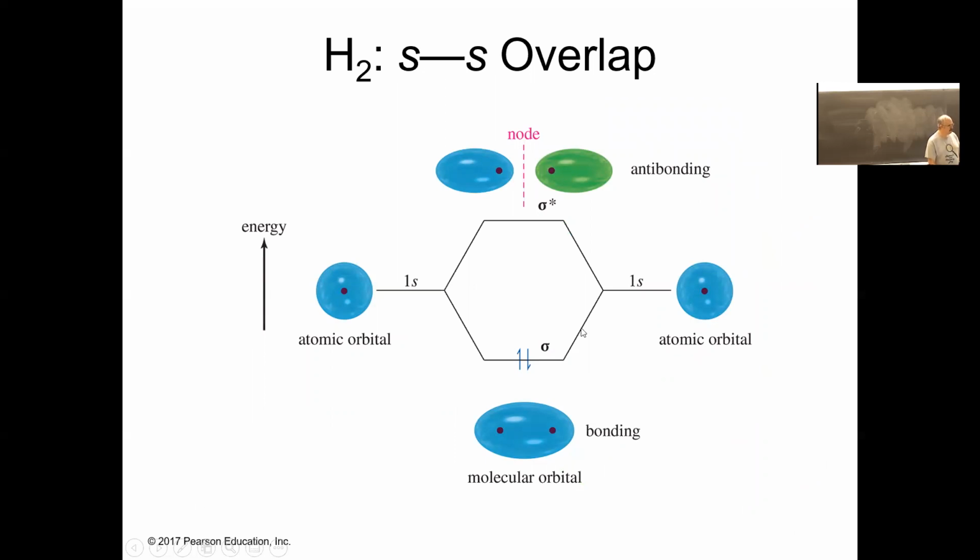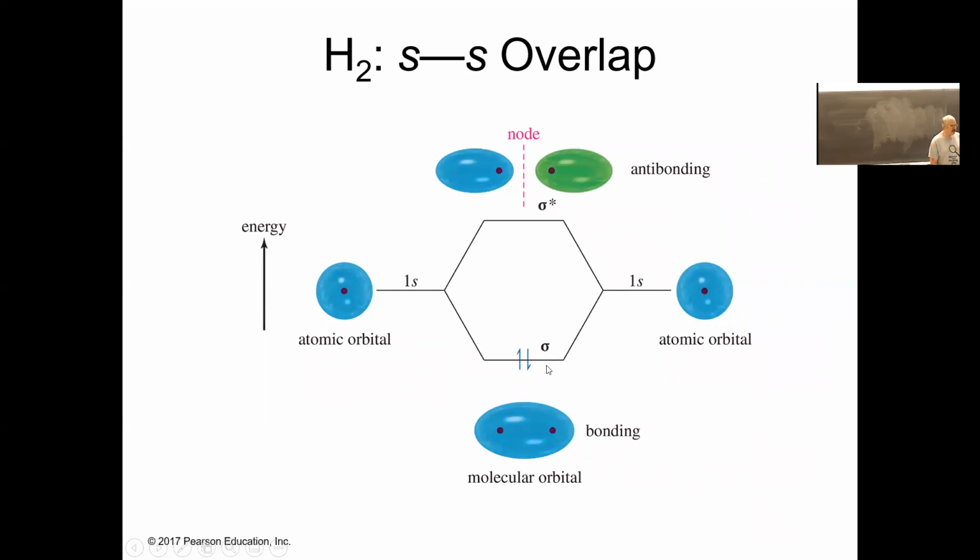Right, so we have the two atomic orbitals at this energy, and then we have a bonding molecular orbital and an anti-bonding. There are two valence electrons in the hydrogen molecule, and so we start filling out the bottom lowest energy orbital first.